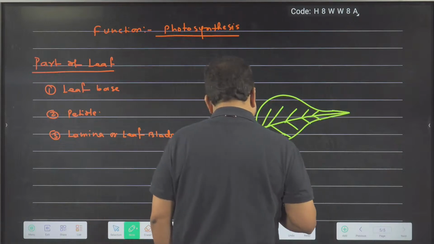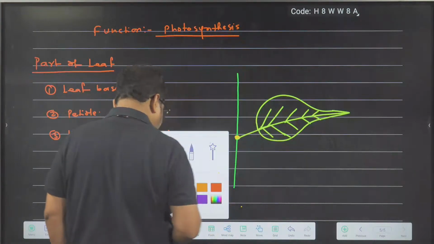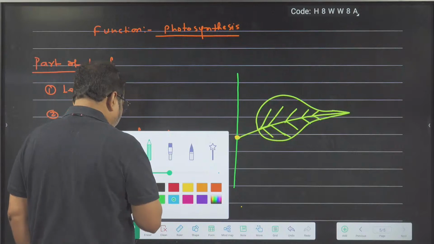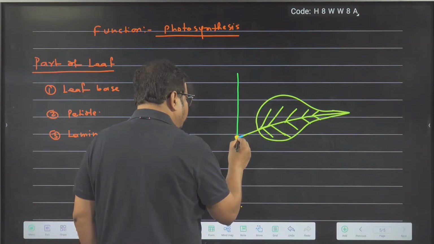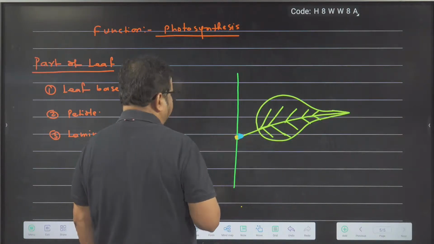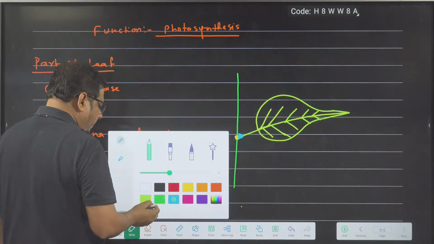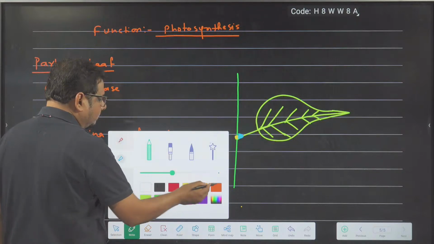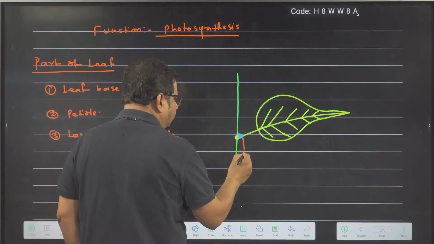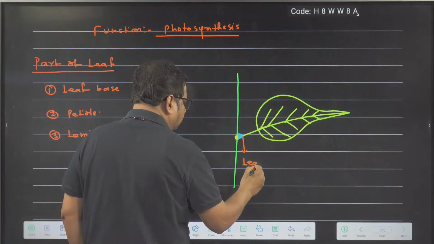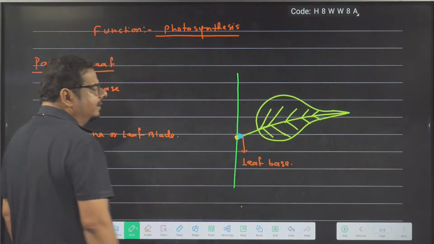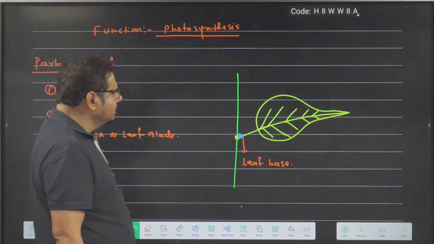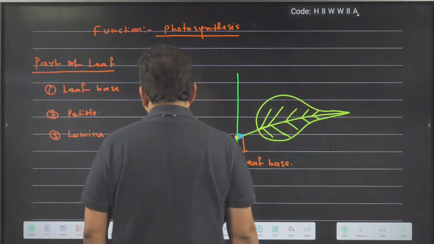So what we find in the leaf, there are three parts. One part of the leaf is the basal part. The basal part is that part of the leaf which helps the leaf attach to the stem. So this part is called the leaf base. The leaf base helps the leaf attach with the stem or its branches. Getting the things or not?